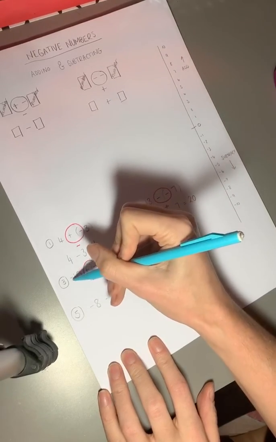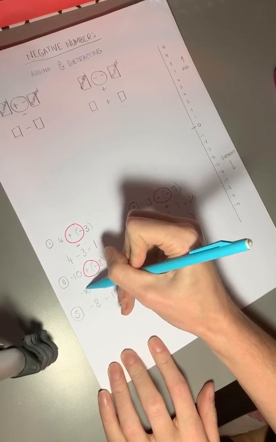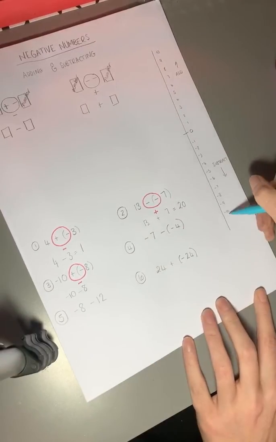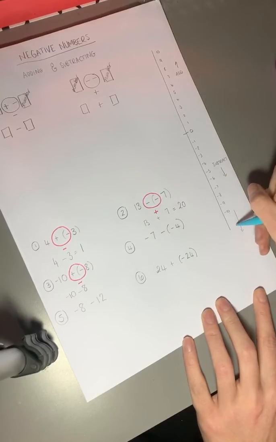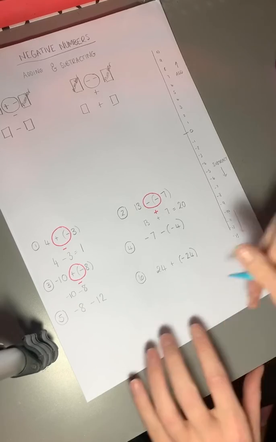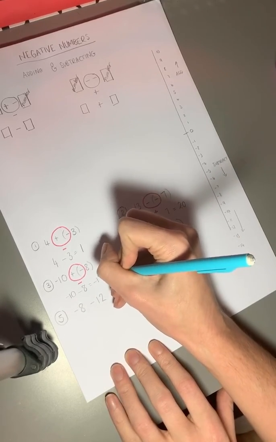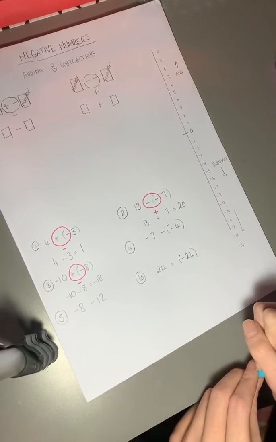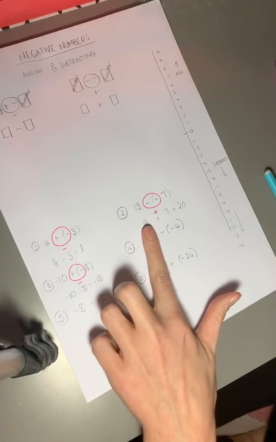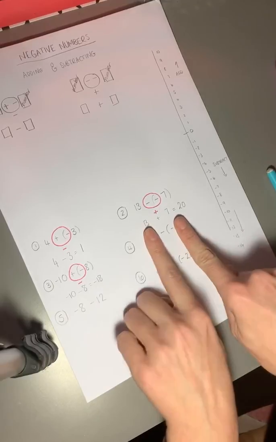So I'm starting at -10, and I'm taking away another 8. So if I look at my number line here, I'm at -10, and when I'm taking away, I'm moving down the way. So I'm getting 8 further away. Now I'm probably going to run out of room, but you kind of get the idea. So if I'm at -10 and I move down another 8, that'll be -18.